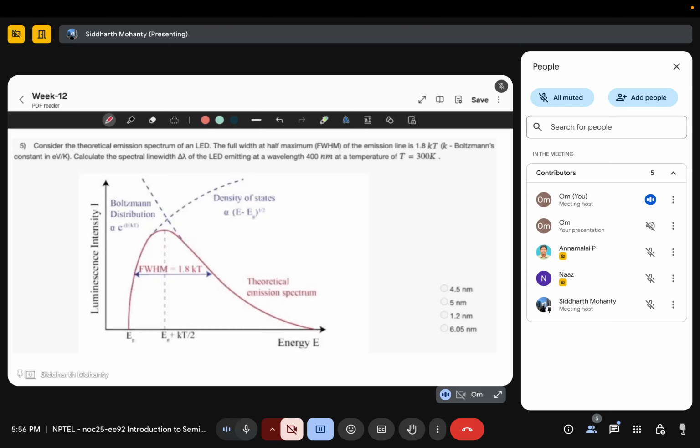Okay, so you know that delta lambda is 1.8 kT lambda square by hc, radiant energy.